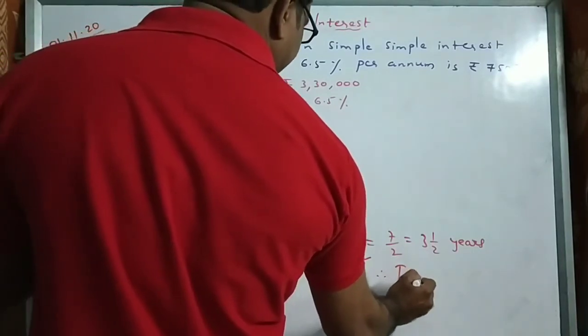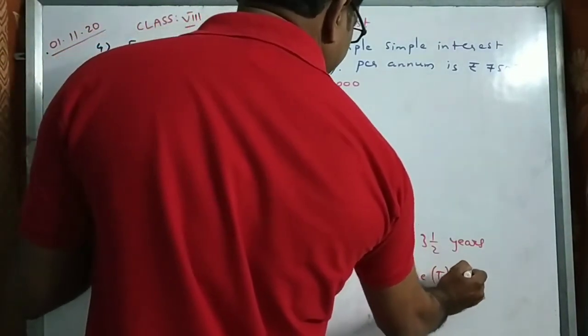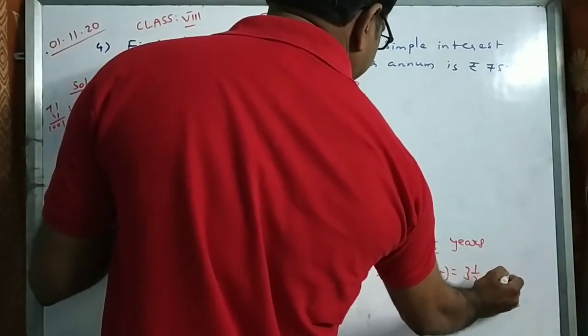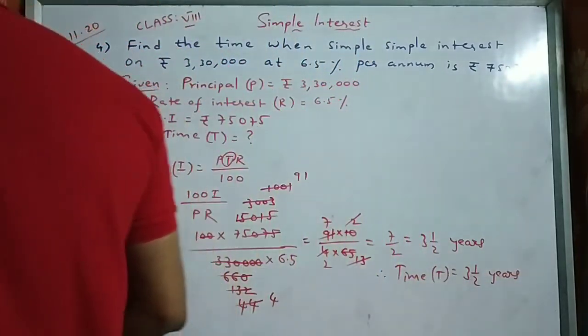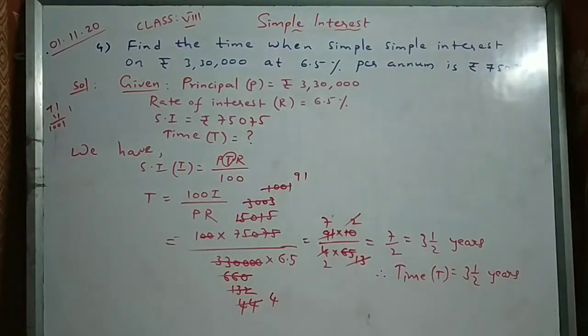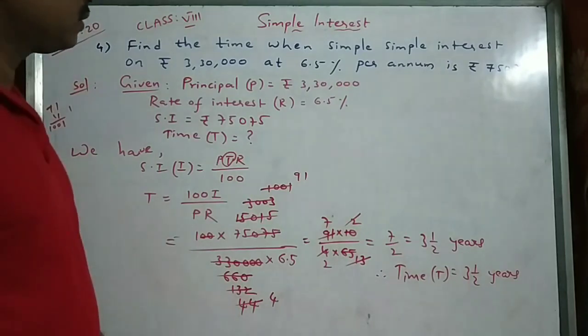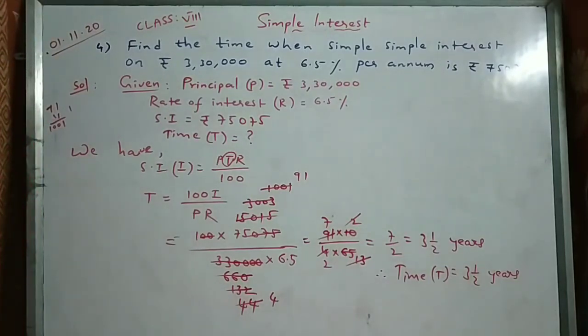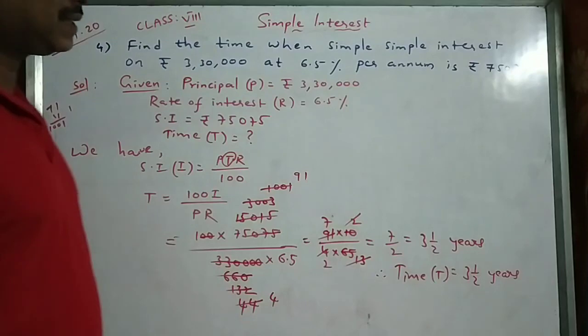Therefore, time is equal to 3.5 years. Okay. This cancellations you can do yourself, no problem. Any table you can cancel it, but answer should be correct. Okay. That's all for today. We'll continue some more in the next class.